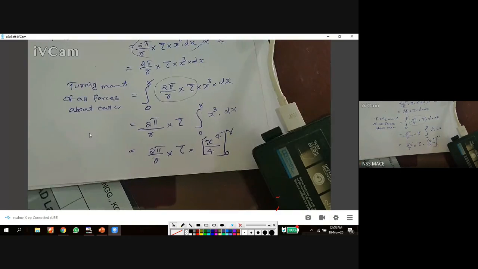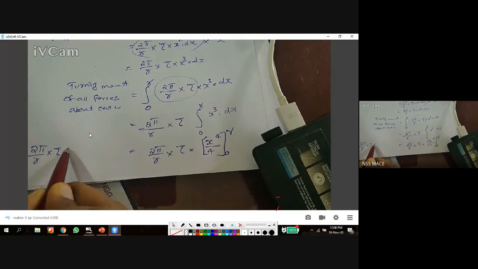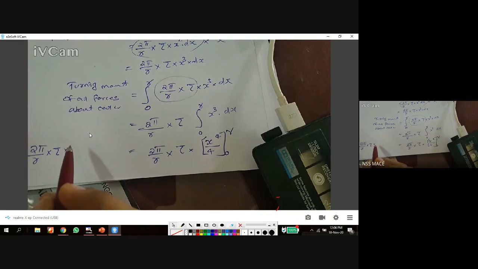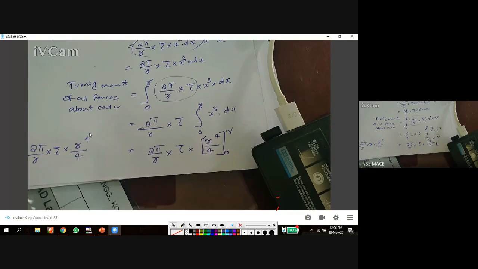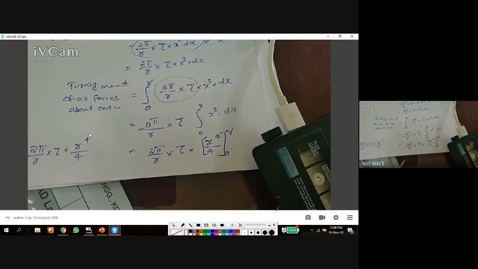So from this we got 2 pi by r into tau into r raised to 4 by 4. x is replaced with r. Integrate and apply the range: r raised to 4 minus 0 raised to 4, that is equal to r raised to 4.